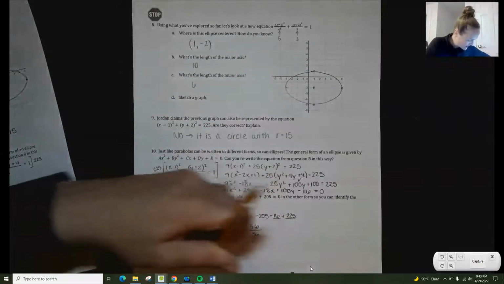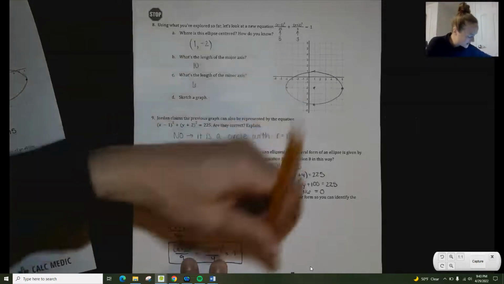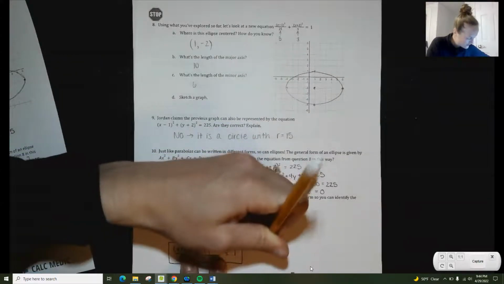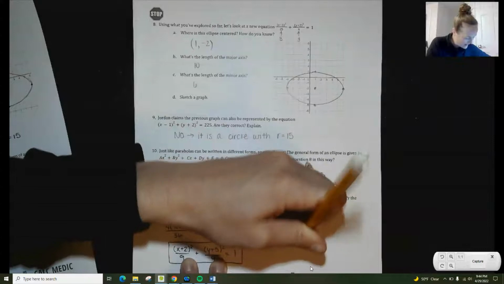And this is your circle, your ellipse, sorry, in that form where you can identify the circle center or the ellipse center and the major and minor axis. So you can see the center here would be -2, -5.